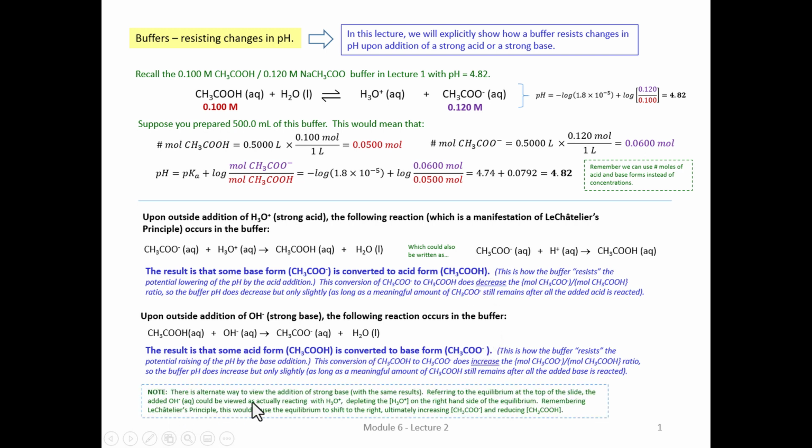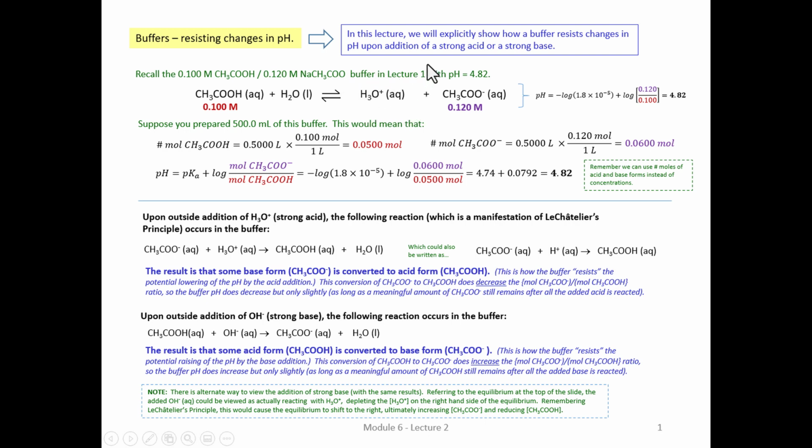Now there is an alternate way to view the addition of strong base with the same result. And I think we've talked about something like this in the past in a previous lecture. If you refer to the equilibrium at the top of the slide here that we wrote for the acetic acid acetate buffer, if you add hydroxide from the outside, you could view this as an attack on the hydronium ion in the buffer.